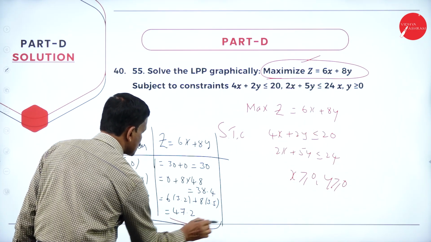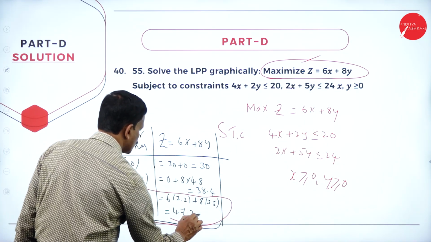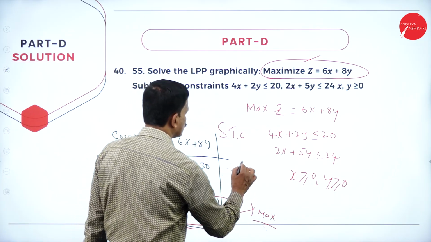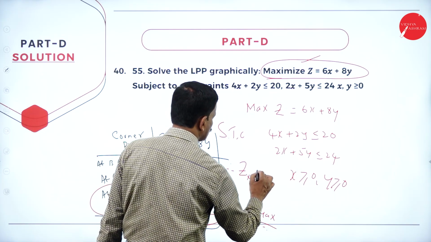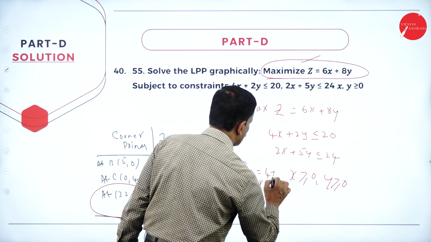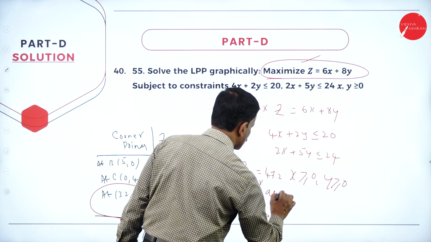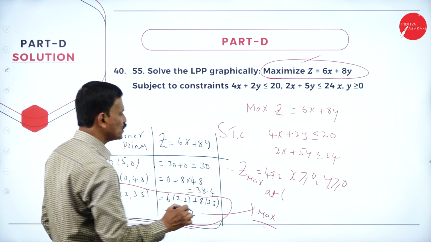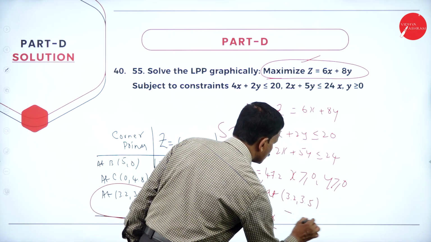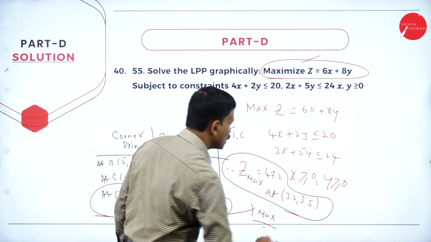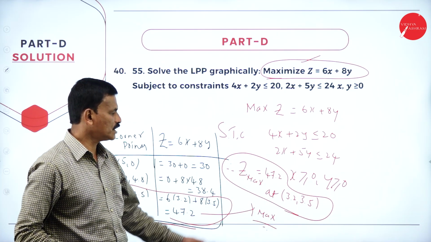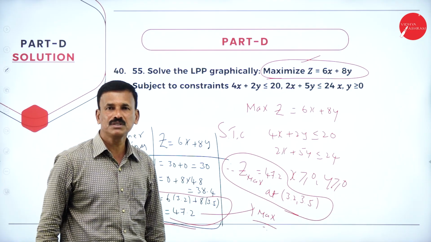This is the maximum value. So therefore Z maximum is equal to 47.2 at 3.2 comma 3.5. That's it. This is the maximum.